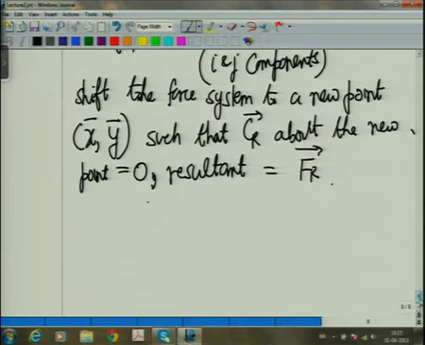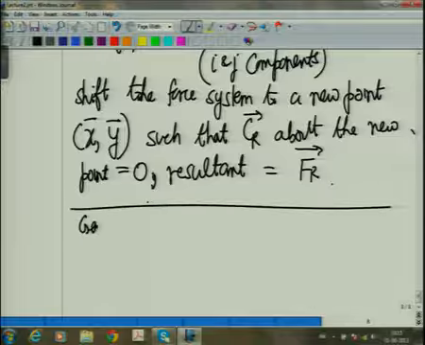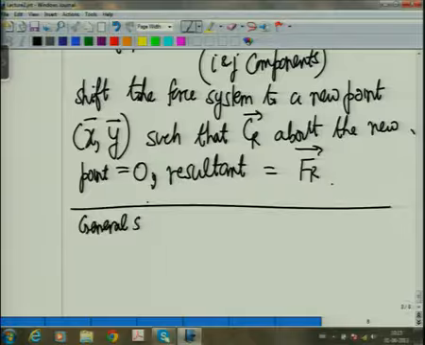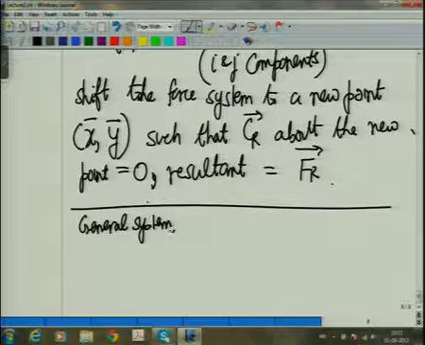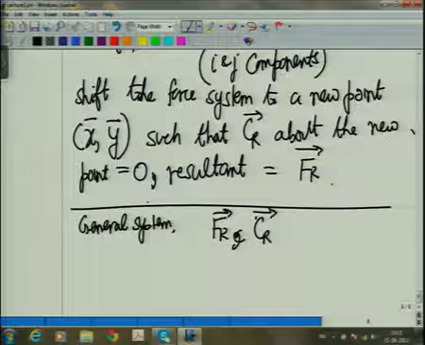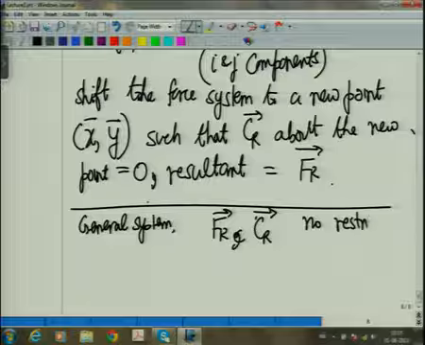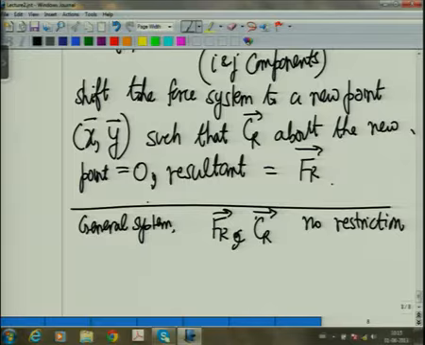Now, in a general system, so these were the two special cases. In a general system, we have FR and CR, and we do not put any restriction.